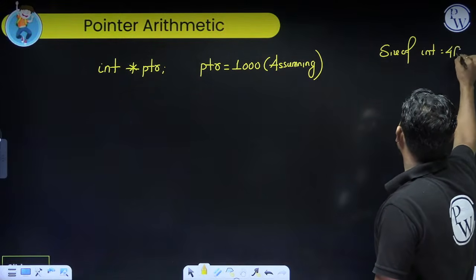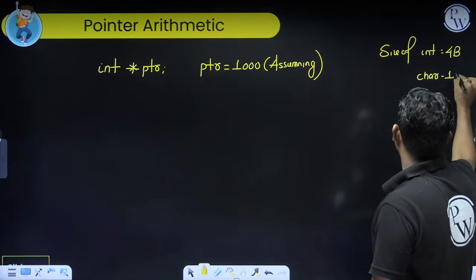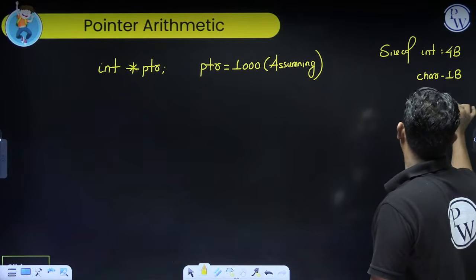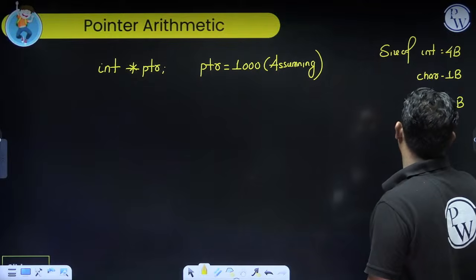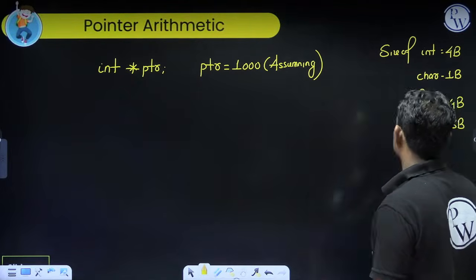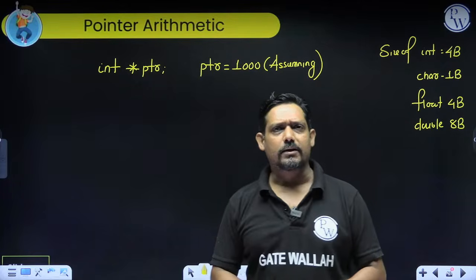Generally nowadays, integer is 4 bytes, character 1 byte, float 4 bytes, and double 8 bytes. This is the general aspect.